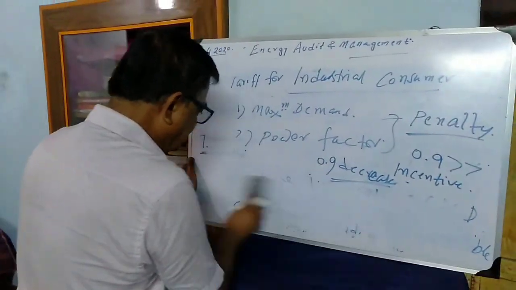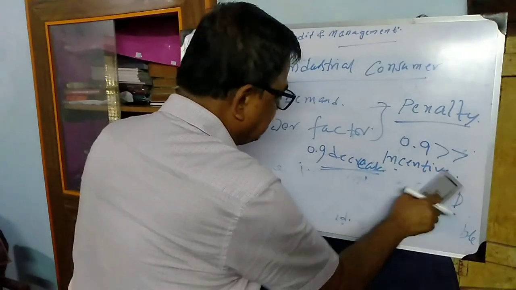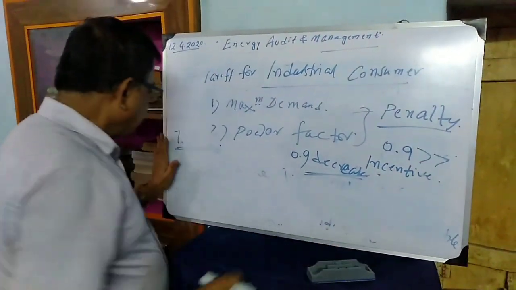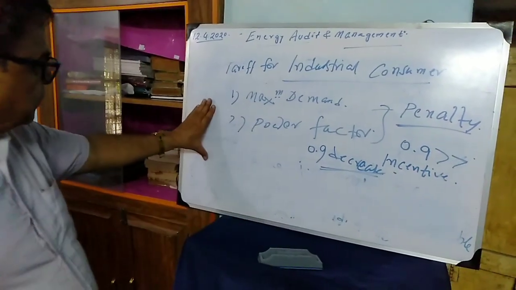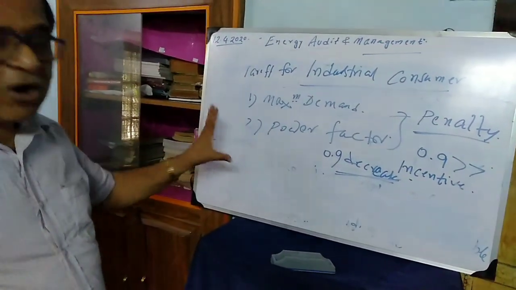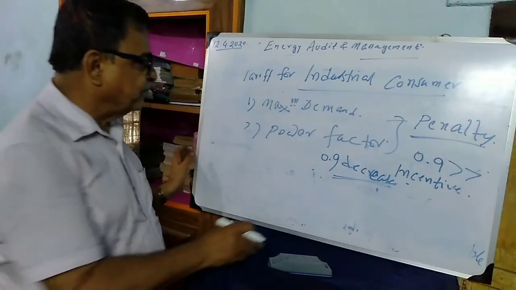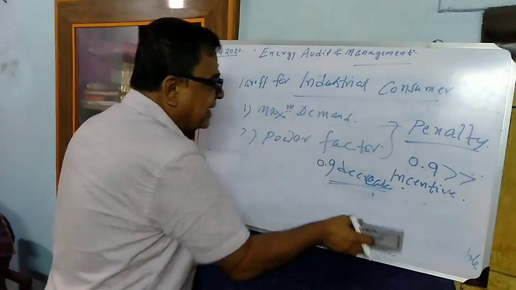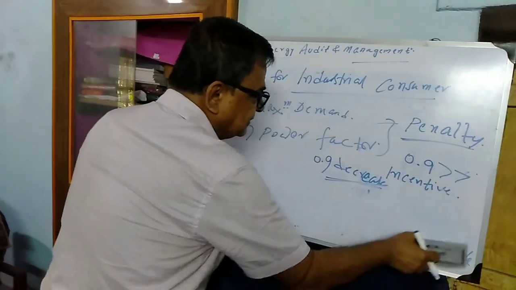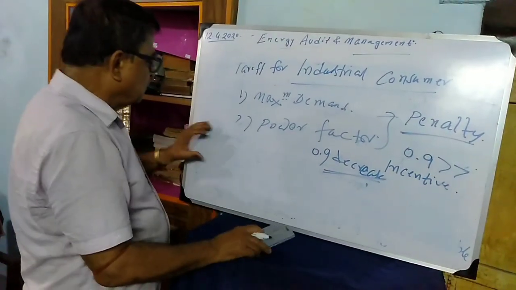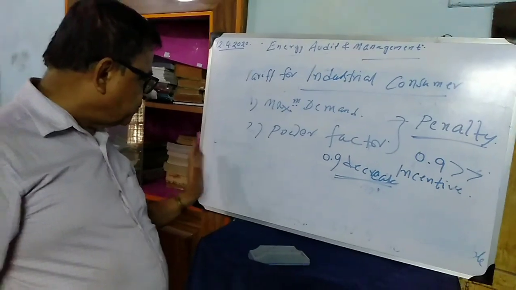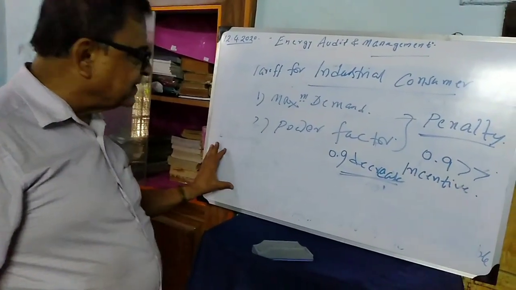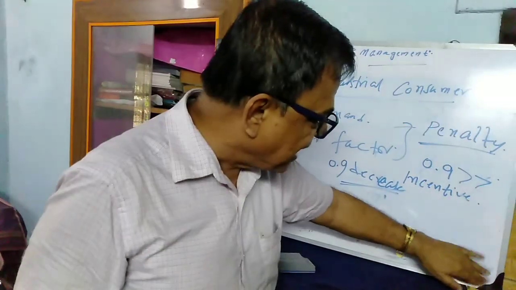First comes maximum demand. Maximum demand means in an industry the total installed capacity cannot run at a time, because there are some systems where one by one the machines will start, and some products are produced with this machine, other products with other machines.